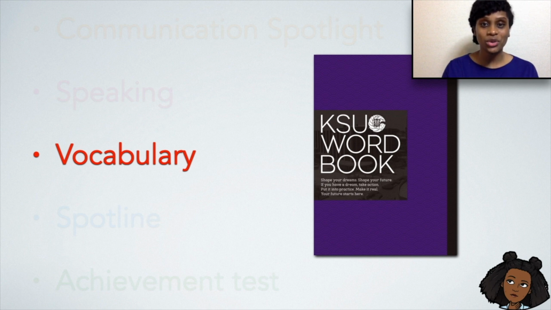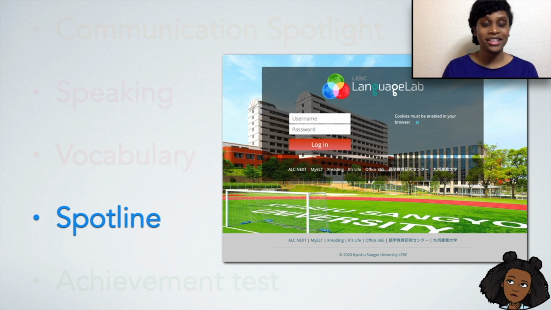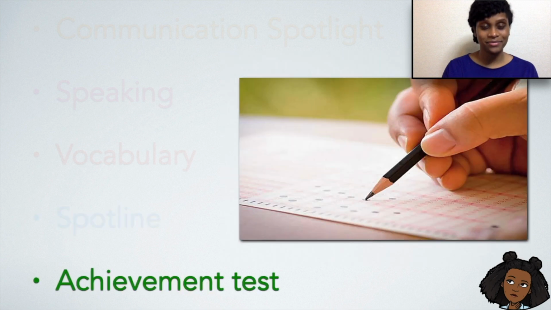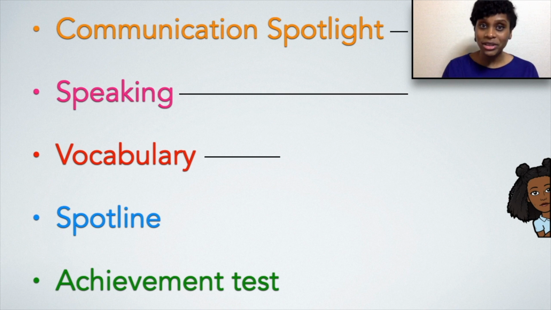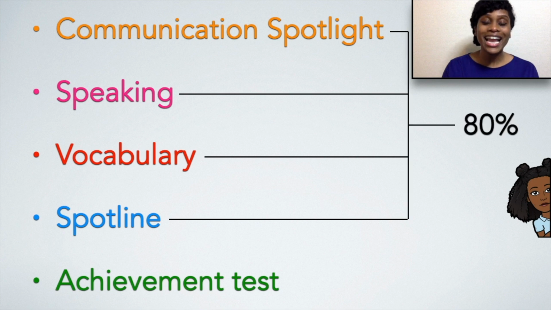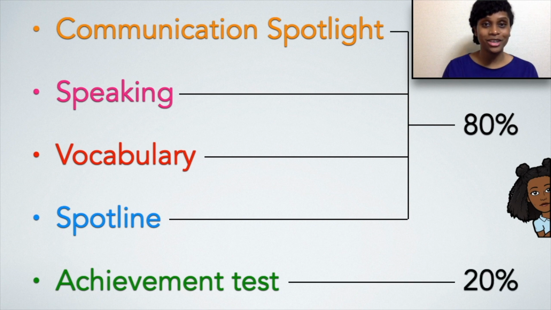And we will do e-learning. At the end of the semester, you will have an achievement test. Your textbook homework, speaking homework, vocabulary homework, and e-learning are all 80% of your grade. The achievement test is 20% of your grade.